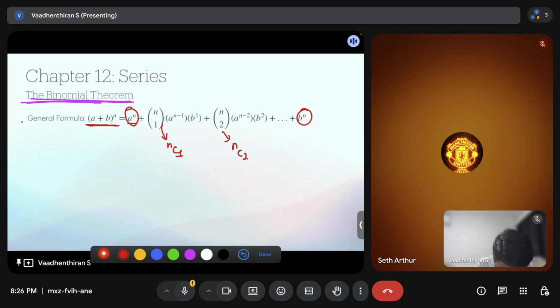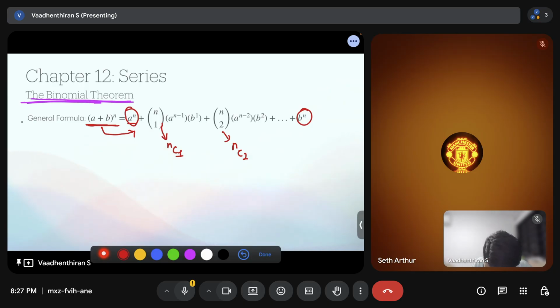Then you write plus n choose 2, a to the n minus 2, and b squared, and so on till b to the n. So that's the general formula of the binomial theorem. You're expanding this into this form.